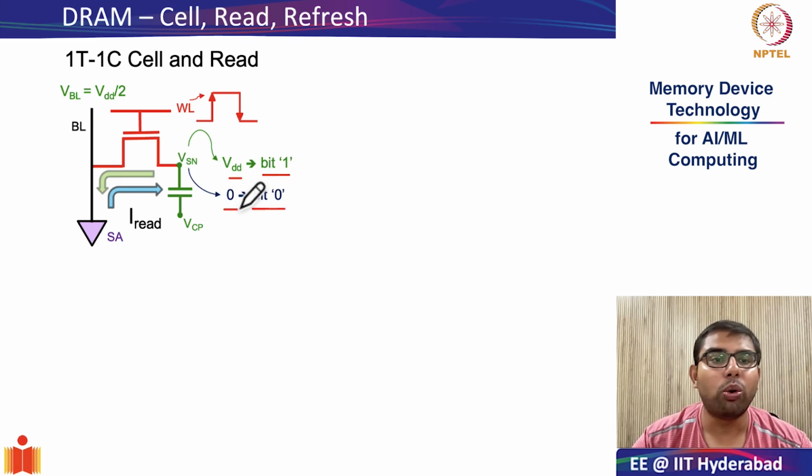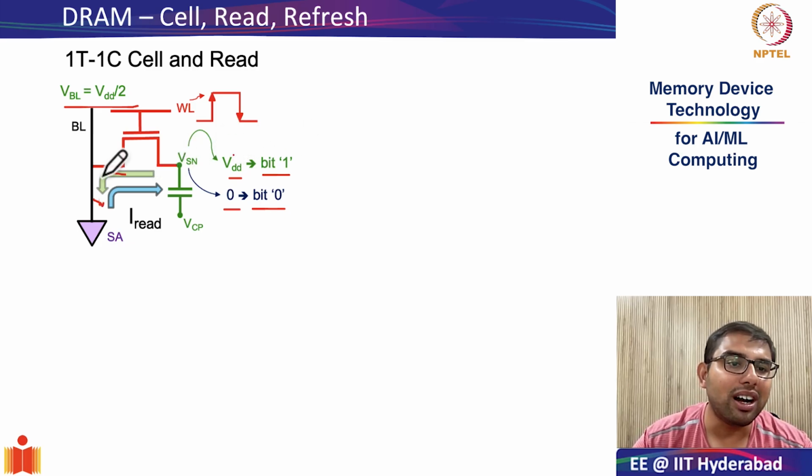Also, we saw the mechanism of read in the DRAM cell. What you effectively do is pre-charge your bit line to VDD by 2. What was the reason for pre-charging it to VDD by 2? It is very simple. If the stored value was VDD or bit 1, there will be a discharge because of a positive gradient from the storage node to the bit line.